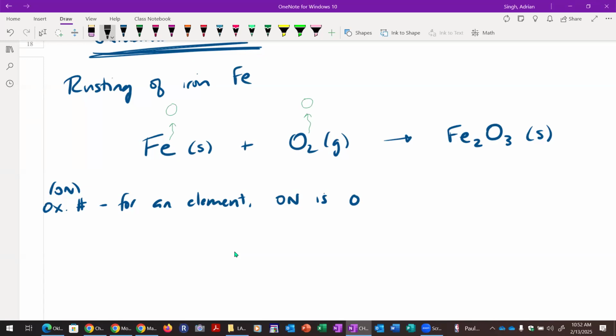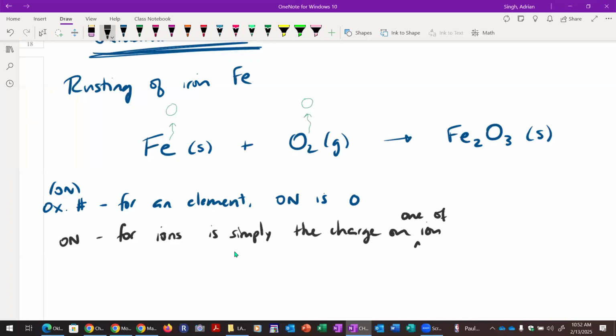The second thing is for ions. The oxidation number for ions is simply the charge. For our purposes, that's what we're going to assume. It's simply the charge on the ion, and the charge on one of those ions in the ionic compound.